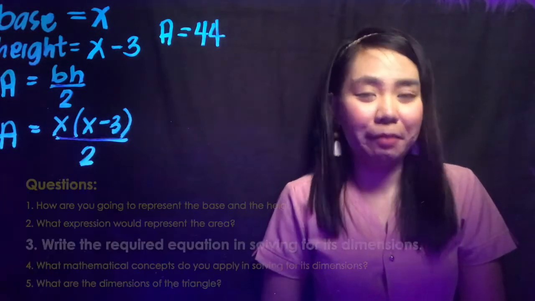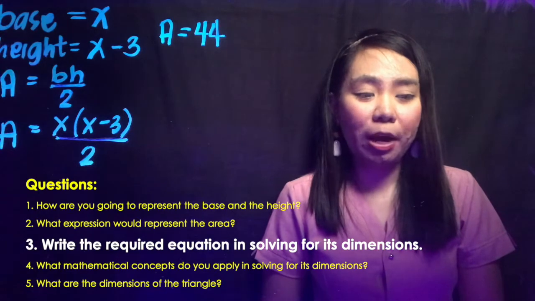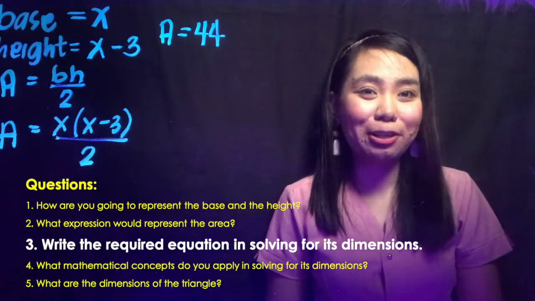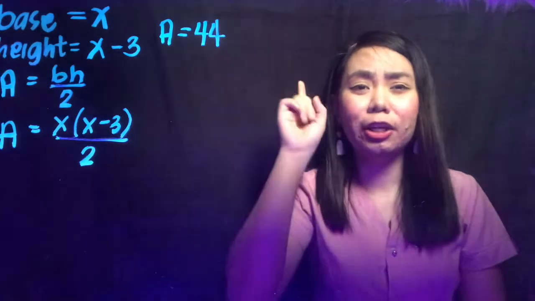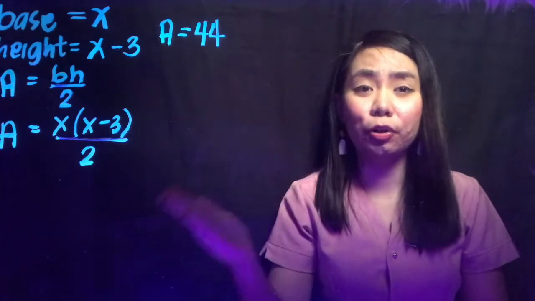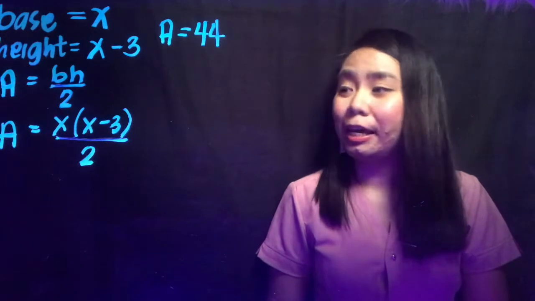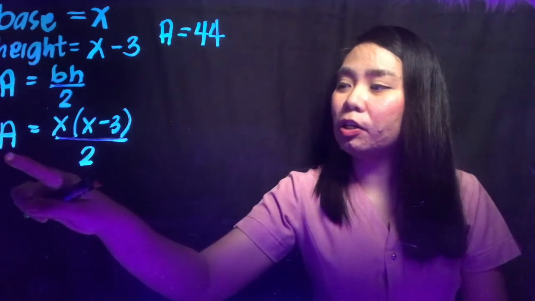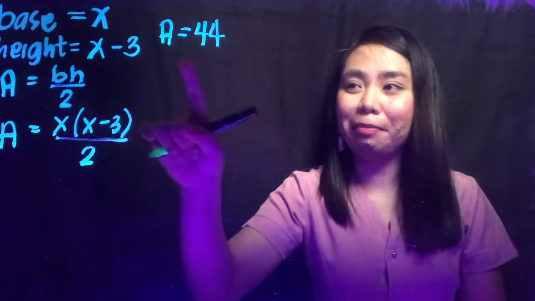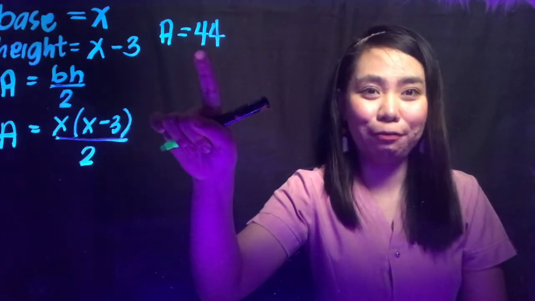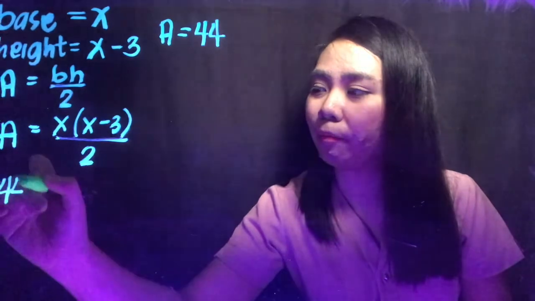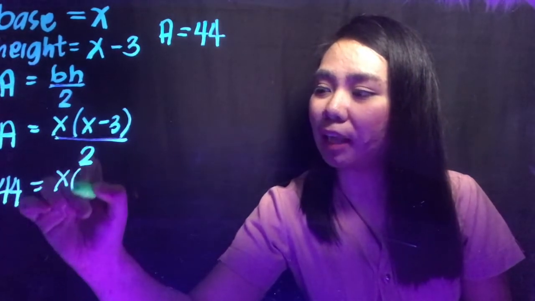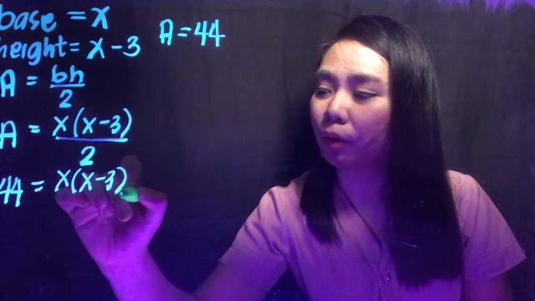For number 3, write the required equation in solving for its dimensions. You must take note that there should only be one variable for you to solve a polynomial. In this case, let's consider the value of your area. Remember that your area is 44. So substitute it here, you will get 44 equals x times x minus 3 over 2.